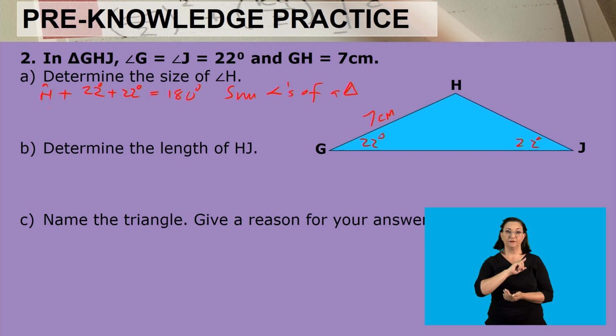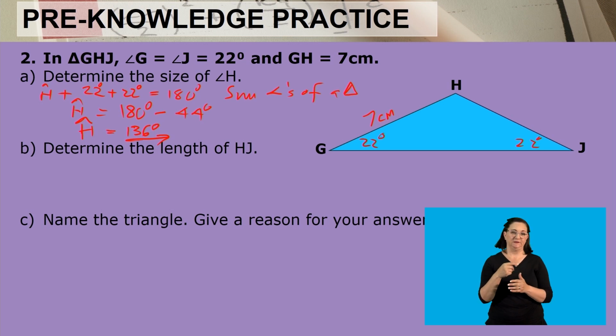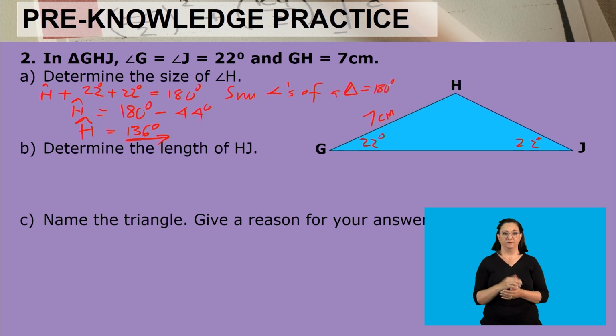And therefore, angle H would be given by 180 degrees minus 44 degrees, and therefore H would be 136 degrees. That is our angle there of H. Almost forgot. Always put an indicator that this is an angle. Okay, the reason for number A is sum of angles of a triangle equals 180. So it was missing that 180.